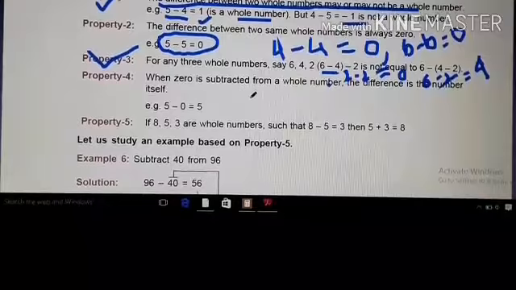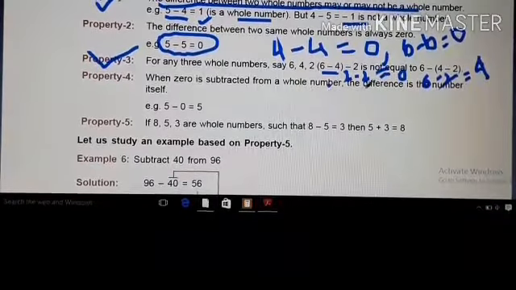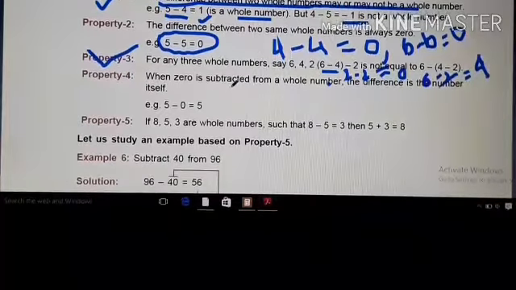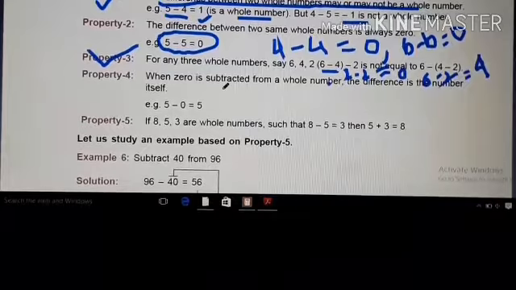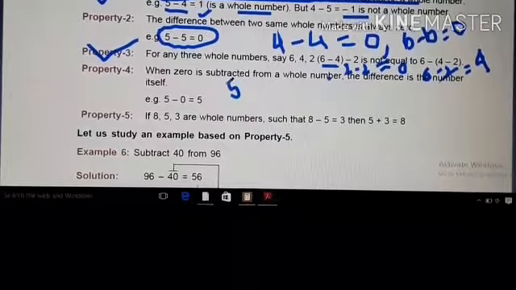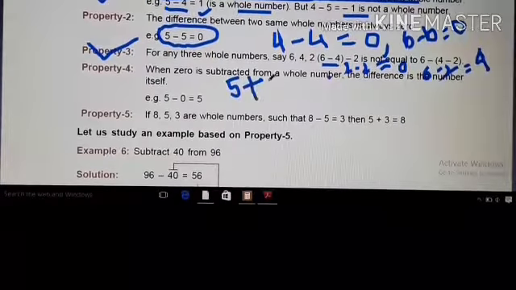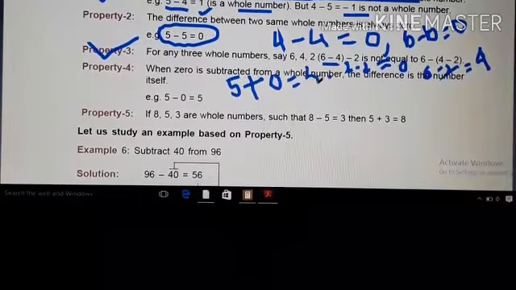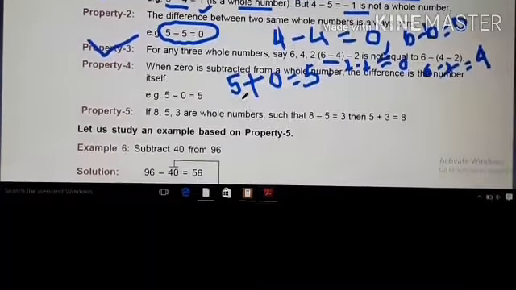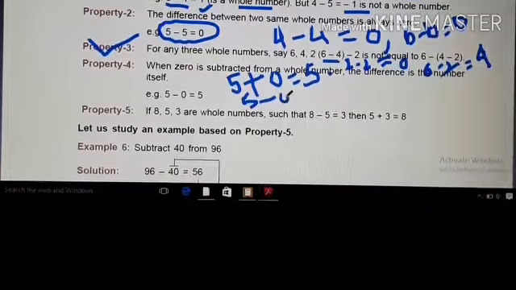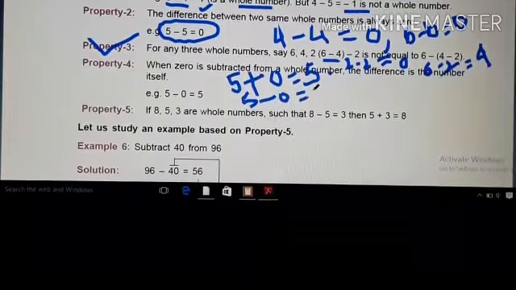When 0 is subtracted from a whole number, the difference is the number itself. In the previous case, when we add 0 with a number, this gives you the number itself. Similarly, when we subtract 0 from 5, this gives you 5.